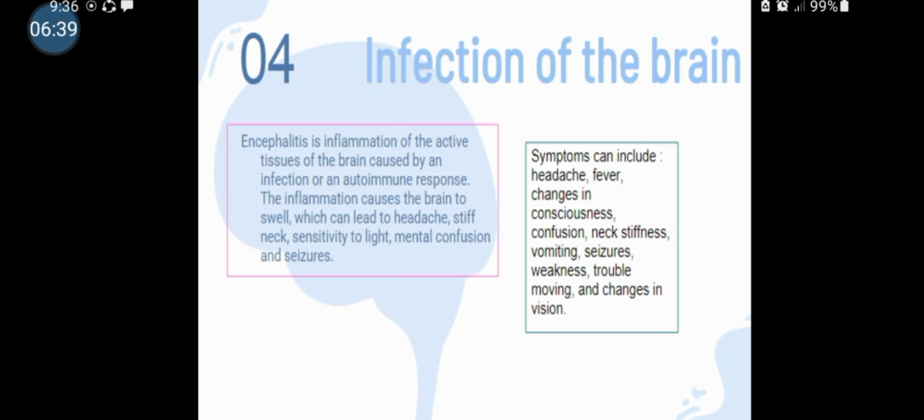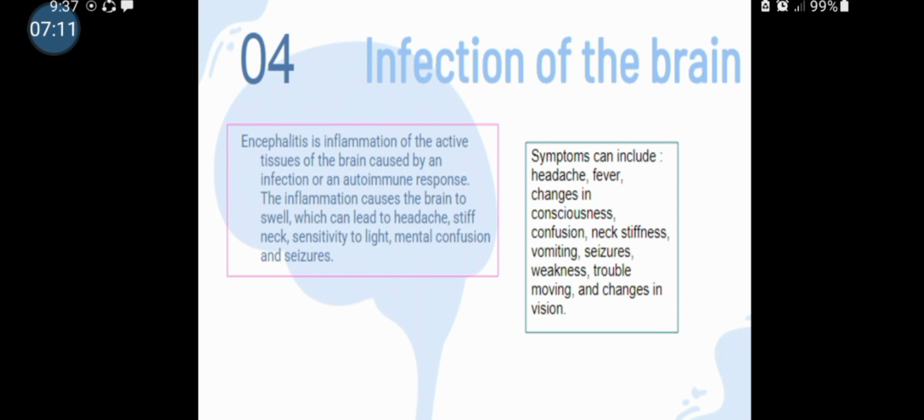So symptoms can include headache, fever, mausob imong consciousness, dayon confusion, maglibog ka, neck stiffness, vomiting, magsuka-suka, seizures, weakness, trouble moving, and changes in vision.